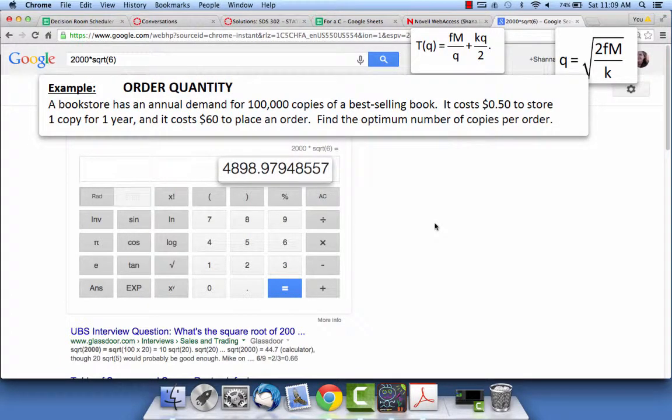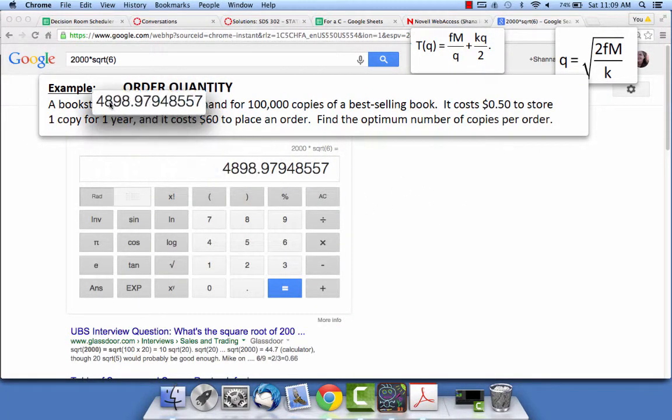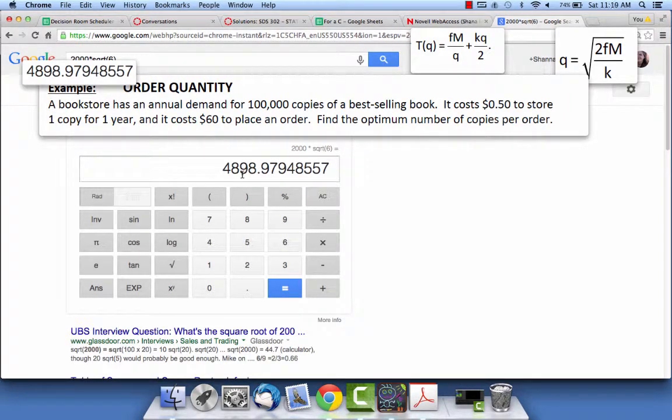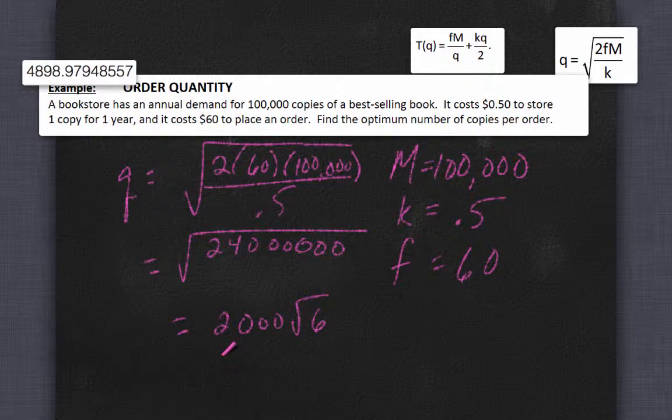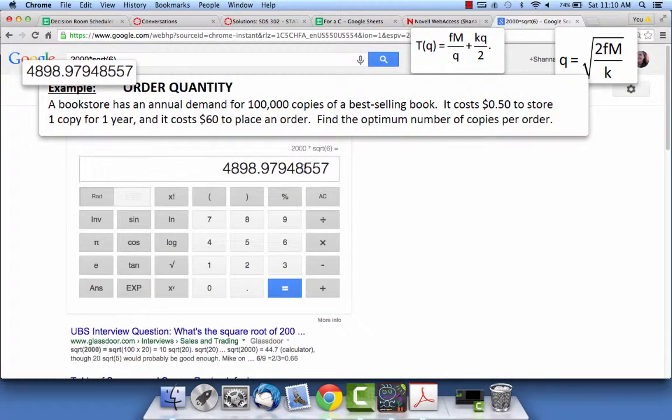Because that's super close to 48.99. But we need to plug it in just in case. So the things we need to check are 48.98 and 48.99. So we want FM.